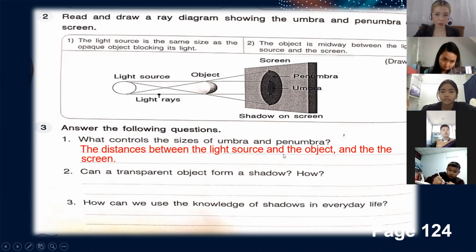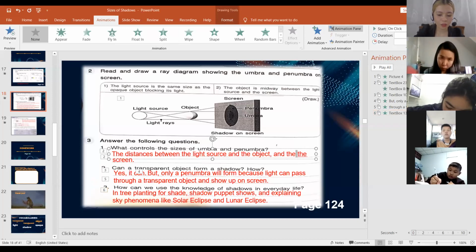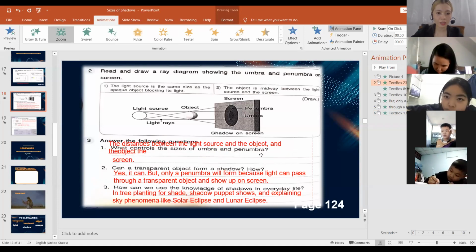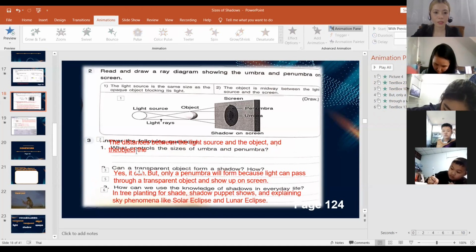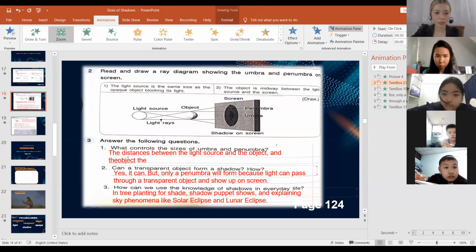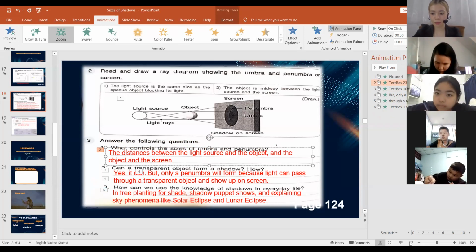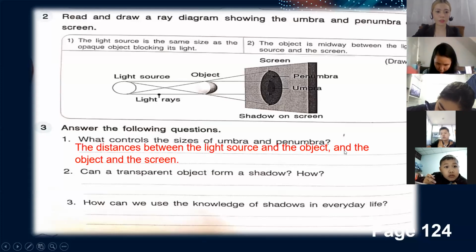The distances between the light source and the object and the screen.